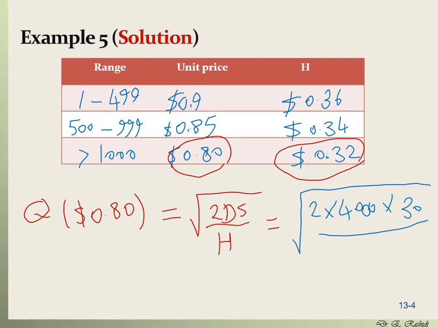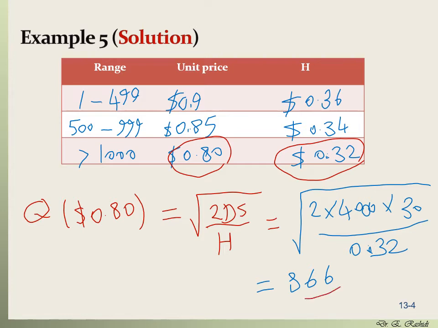Because these values are in dollars, we put this in dollars as well, so that would be divided by 0.32. Now, if we do the math, the quantity will be equal to 866.